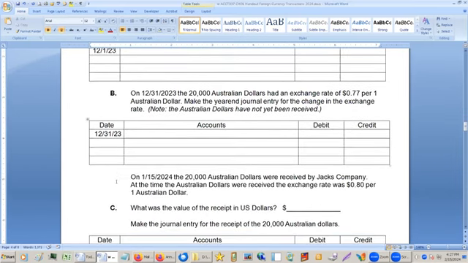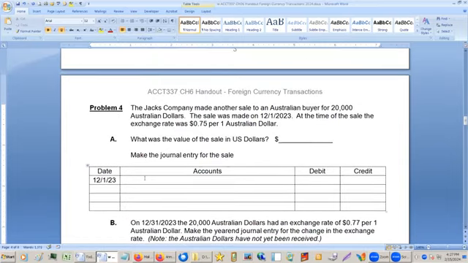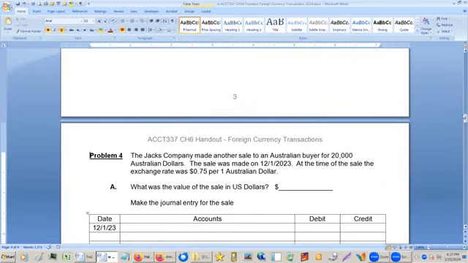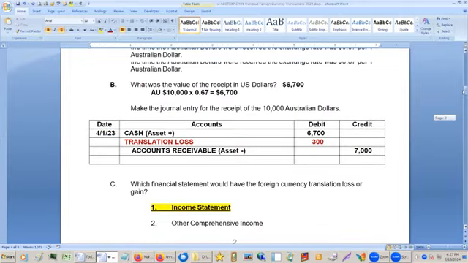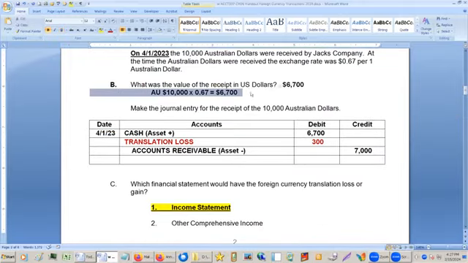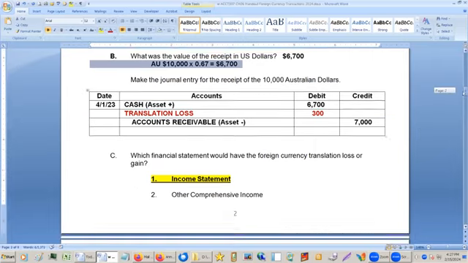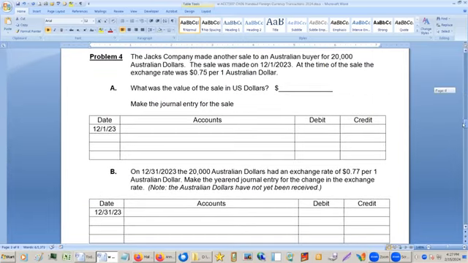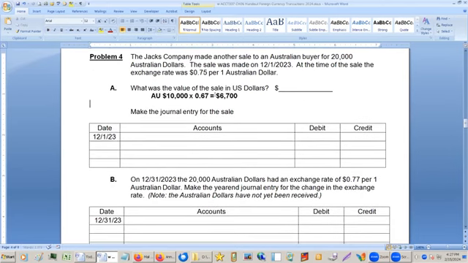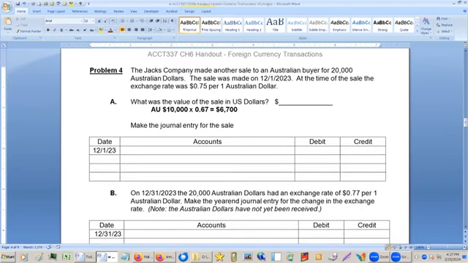It's the same thing. Oh, that's a little bit of a twist on this one. Okay, it starts out exactly the same. Okay, so 20,000. 0.75.